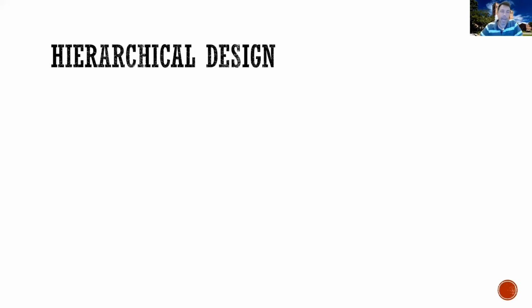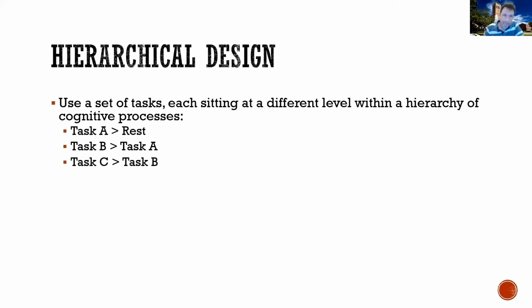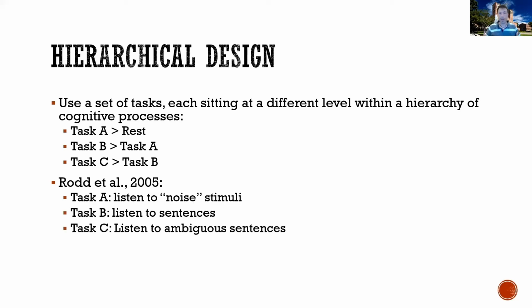Now, a different design is known as hierarchical design. The idea here is to use not just one task, but a set of tasks, each of which sits at a different level within some kind of hierarchy of cognitive processes. Let me show you an example from a real paper published in 2005 by Jenny Rod and colleagues. They had three tasks, and it went like this.